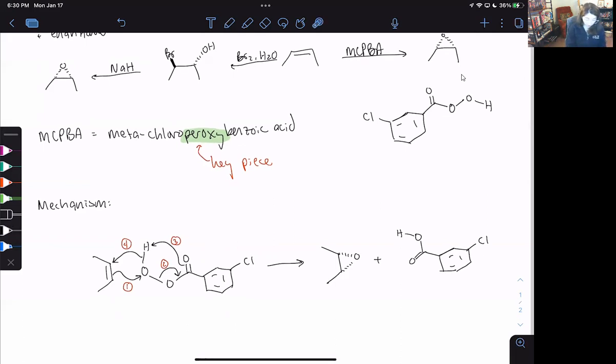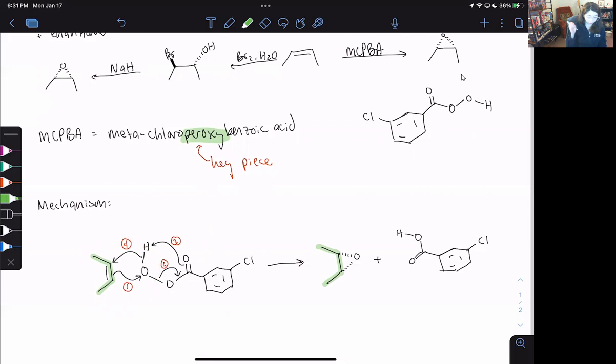But the important thing to keep in mind is to make sure that we're staying with the same alkene geometry here. So if I have a cis alkene, that chain is still in the same position because there is no opportunity for rotation here.